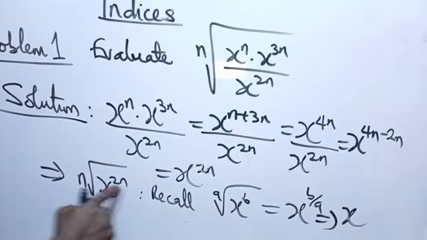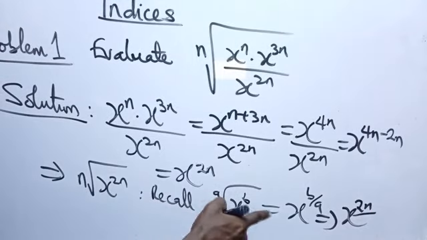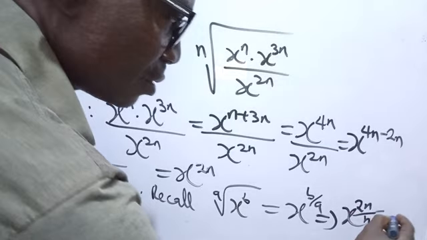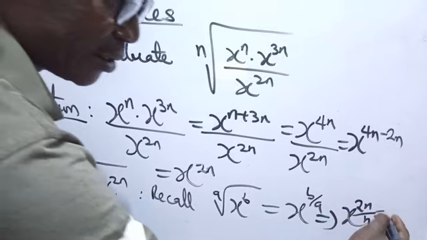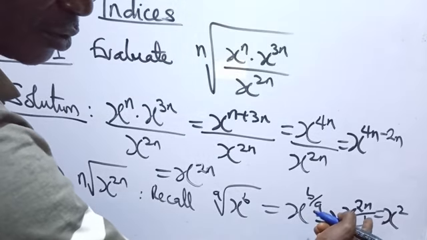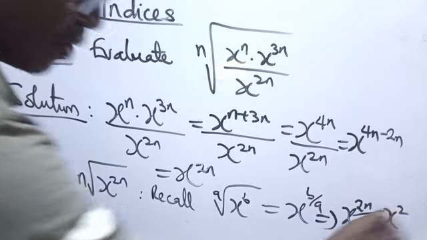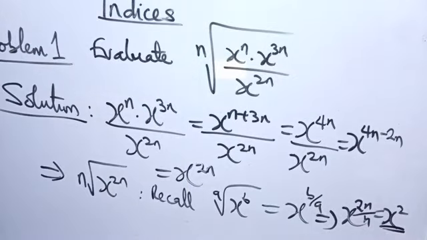Our b is 2n, all over, what is our a? a is n. By the time you divide 2n by n, you have x raised to the power 2, because n will cancel n here. So you have x raised to the power 2. So the result of this problem is x raised to the power 2.